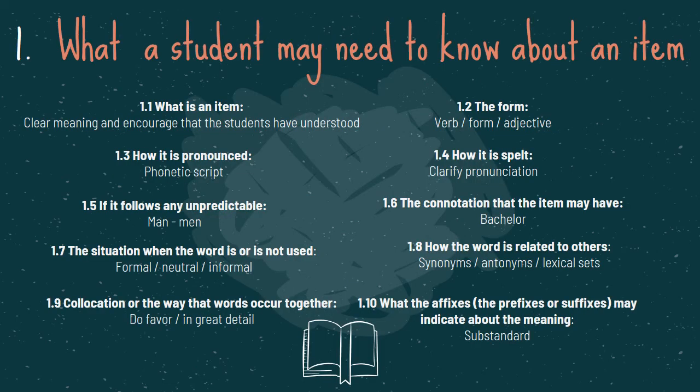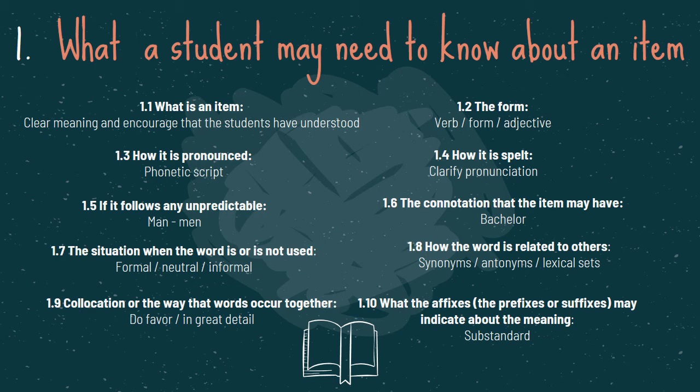The first part, what a student may need to know about an item. Okay, first, they need to know what is an item. We have to say them a clear meaning, and we have to encourage that the student have understood what is an item.